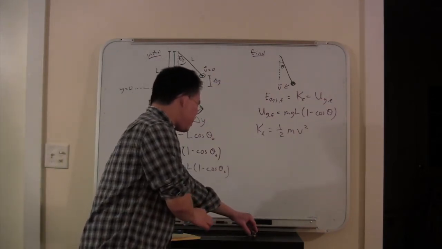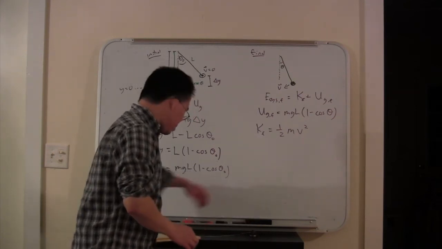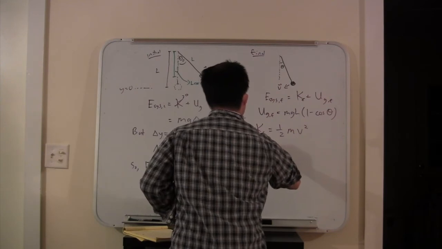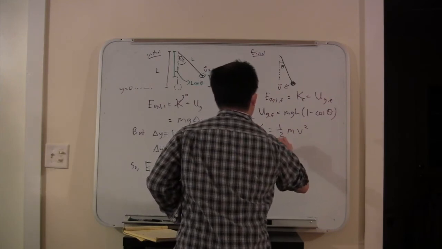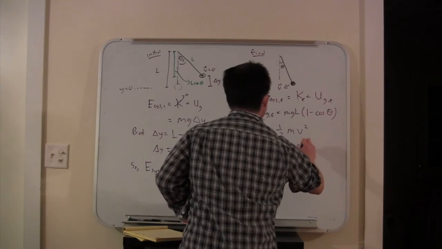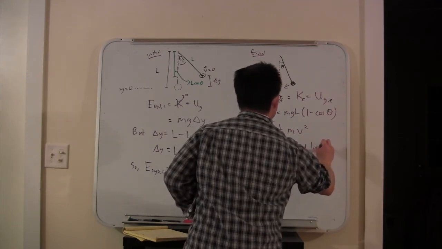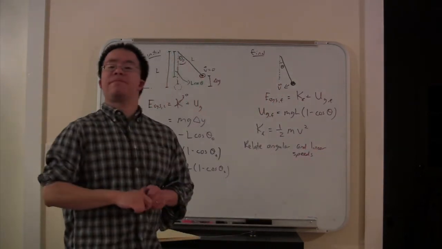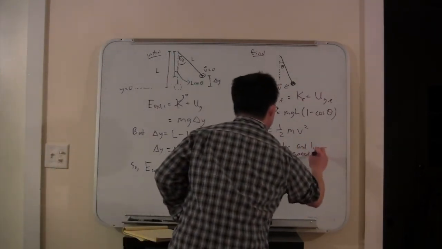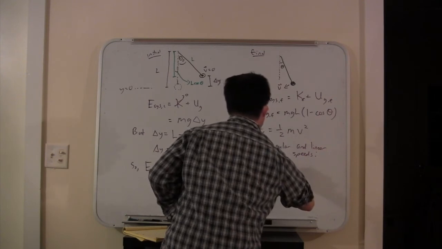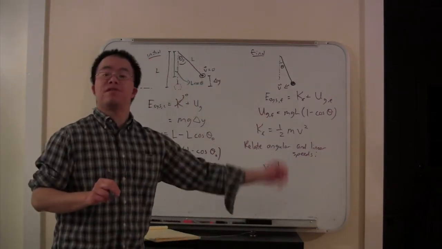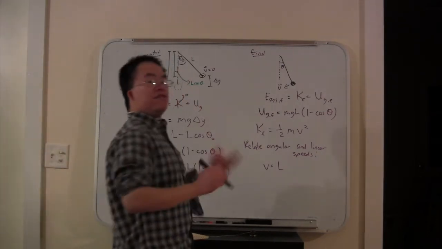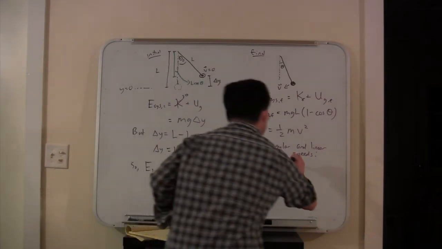We already had to do this when we applied Newton's laws last time. So relate angular and linear speeds. What we find is that v equals L, which is the radius of the circular arc, times my angular speed, omega, or d theta dt.